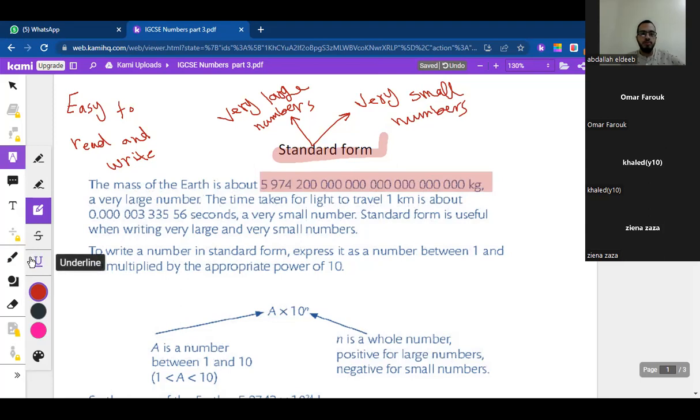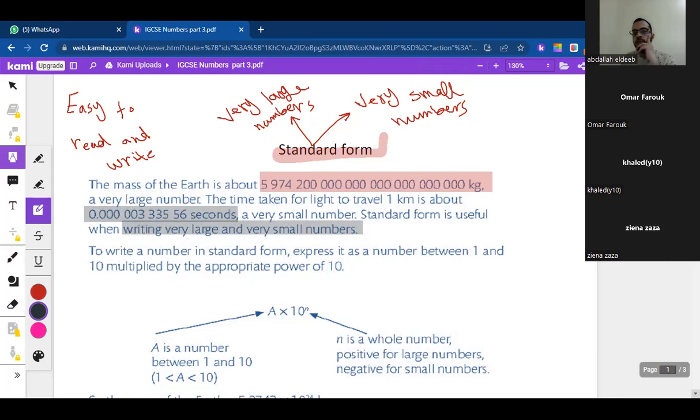And here also, the very small numbers, like this number. It is useful when writing very large and very small numbers. And if you study biology and chemistry, you're going to find a lot of numbers written in standard form.